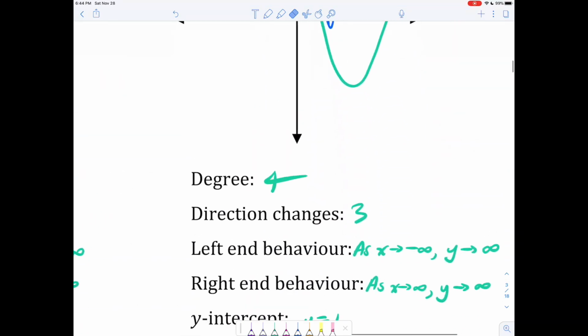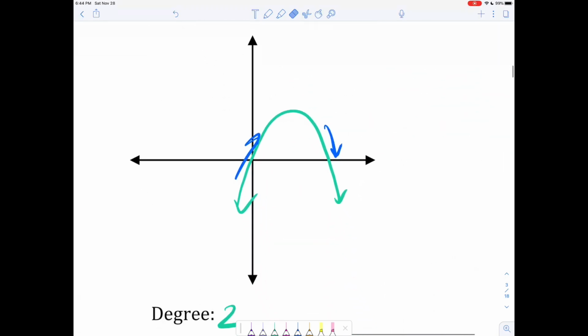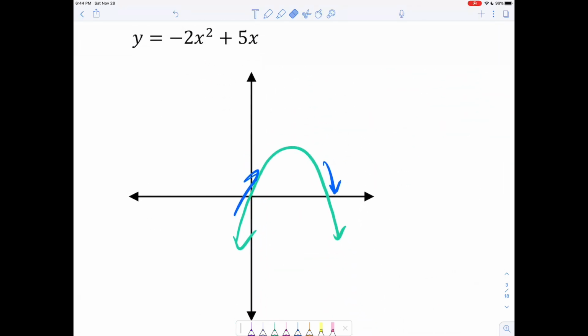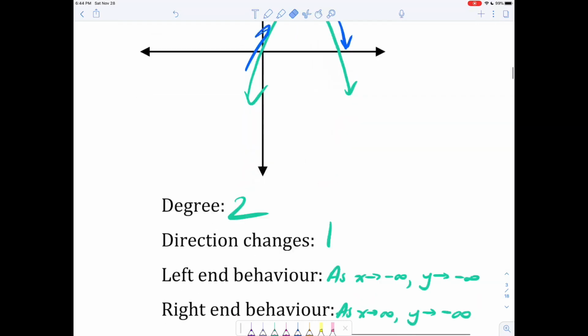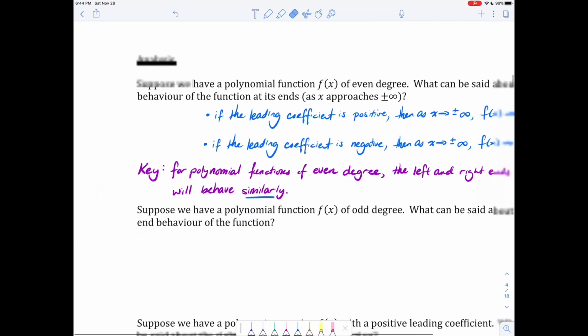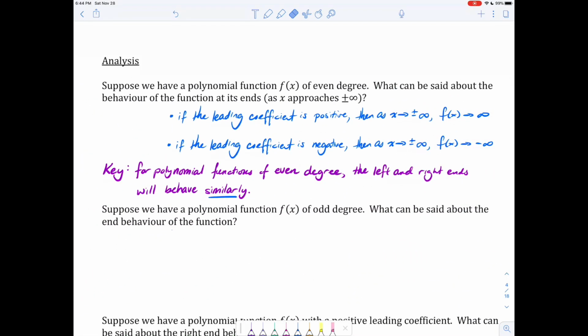There was the other case, though, where we were going down on both the left and right sides, and that one had even degree. So if the leading coefficient is negative, then as x approaches either end, y is approaching negative infinity. But the big key for this is here. If you have a polynomial function with even degree, the left and the right ends will behave similarly. They're going to be the same.